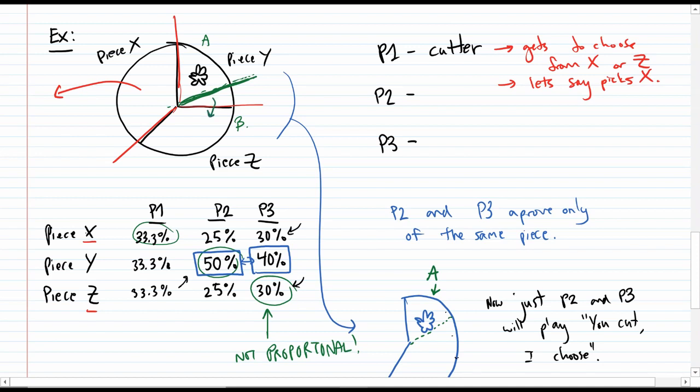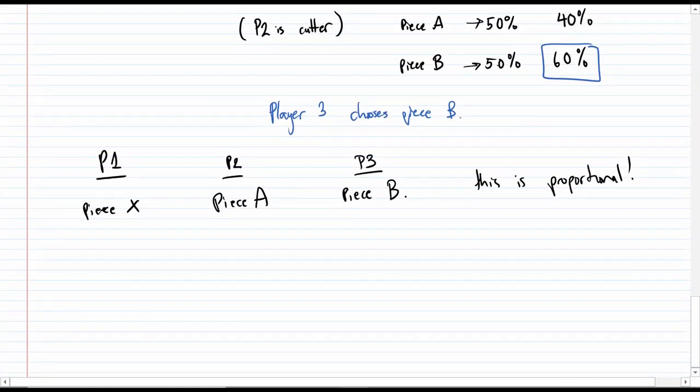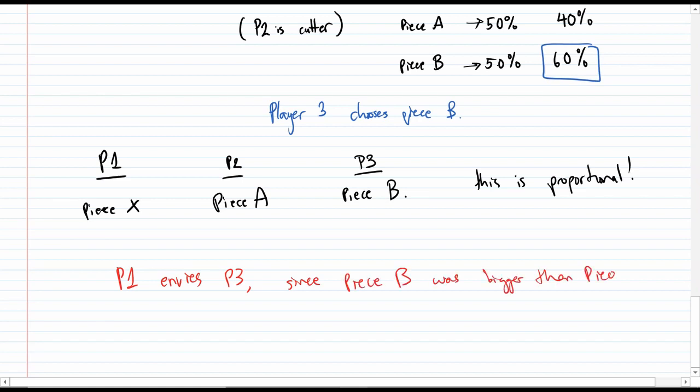So if player 1 were still able to choose, player 1 would have been screaming, hey, I want piece Z now, or the new piece Z. I want piece B, because it's just bigger than the piece Z that was equal to piece X. So player 1 might re-rate those pieces at a higher value. And so player 1 actually does envy player 3, since piece B was bigger than piece Y, which was equal to piece X.